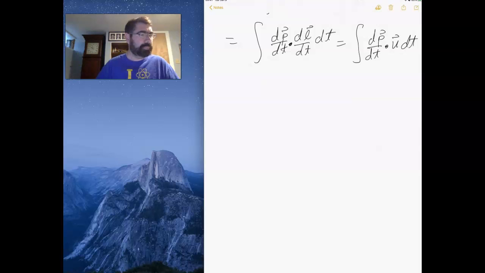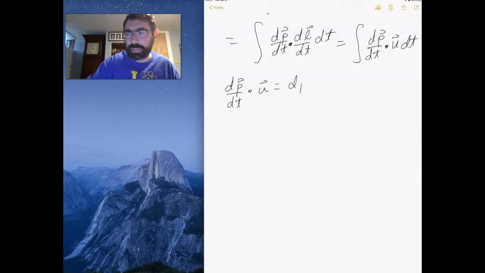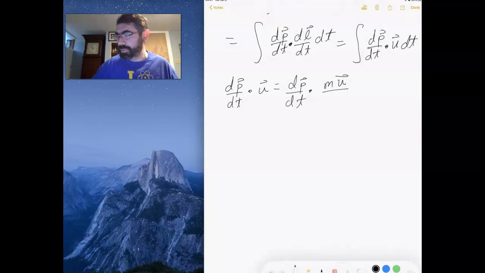Written like that, I can now write the velocity and the momentum relativistically. So let's write the momentum relativistically.